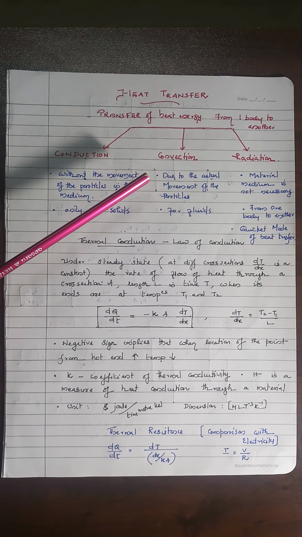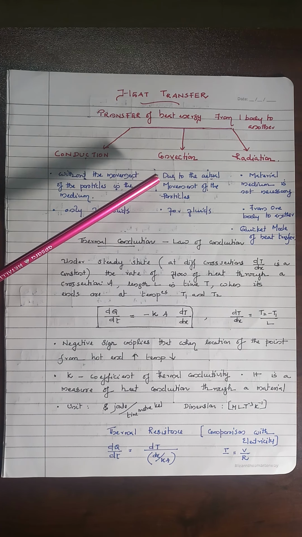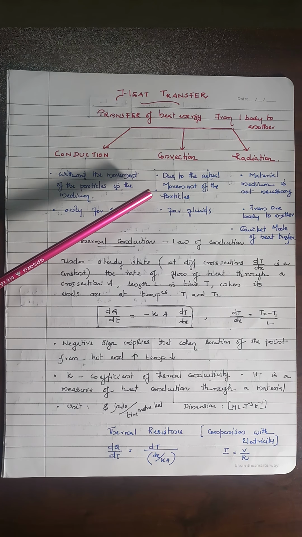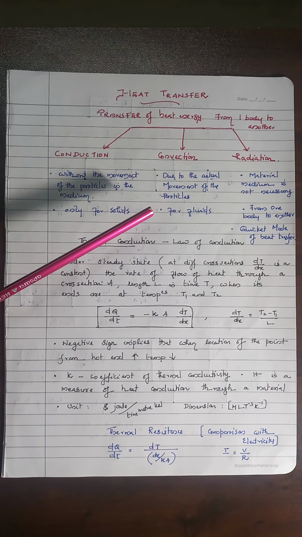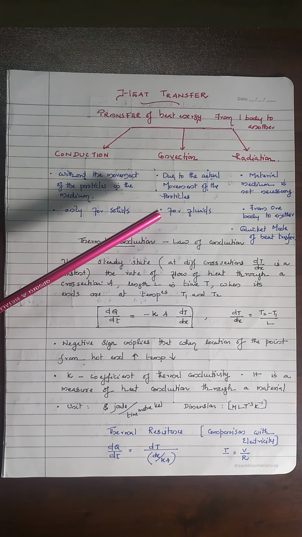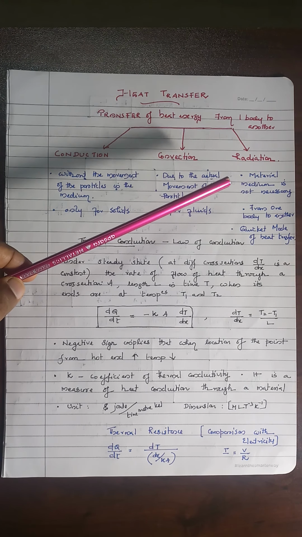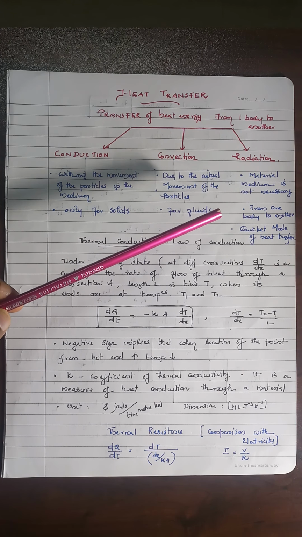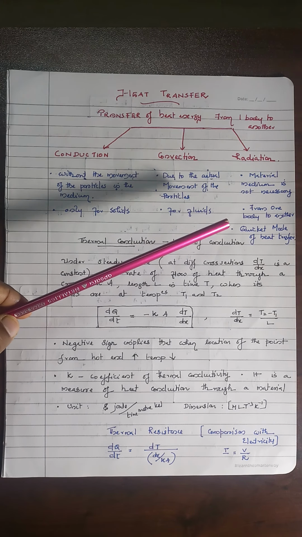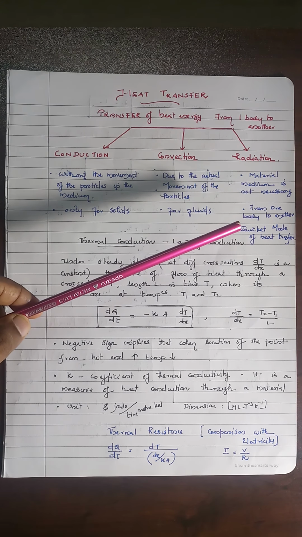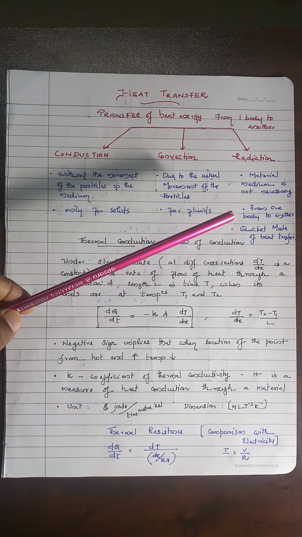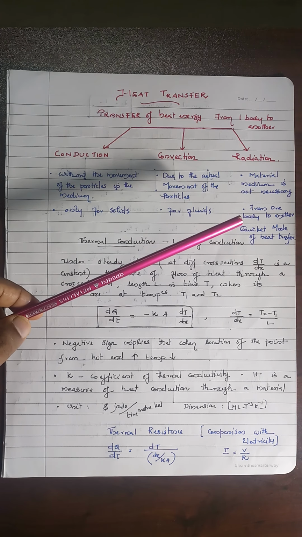But convection happens due to the actual movement of the particles, and is for fluids, for gases and liquids. But for radiation, a material medium is not necessary, and it is said to be the quickest mode of heat transfer from one body to another with a separation.